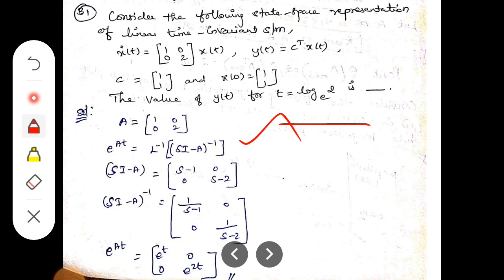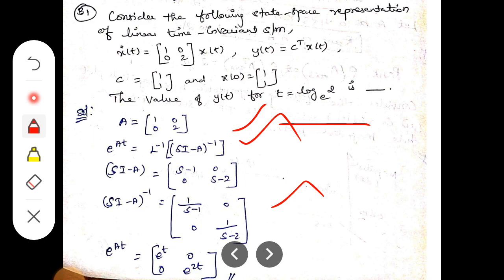Take the inverse, so it will be 1 divided by s minus 1, 0, 0, 1 divided by s minus 2, then take the Laplace inverse. So e to the power A t is equal to the inverse Laplace of the inverse of sI minus A, that is equal to 1 divided by s minus A.